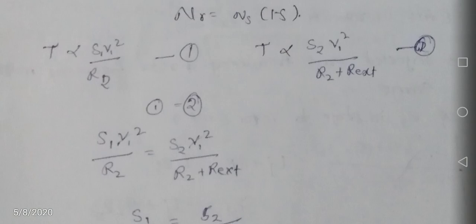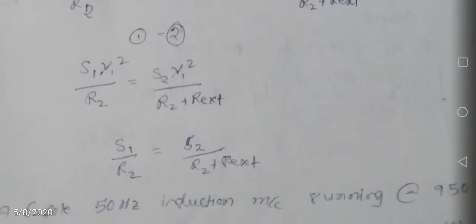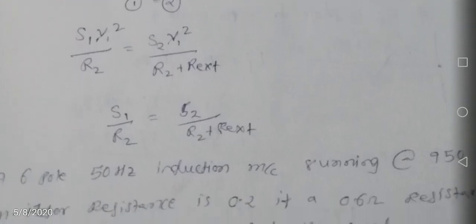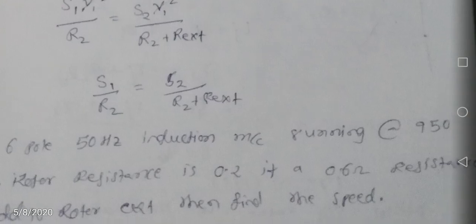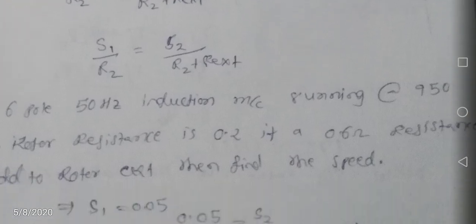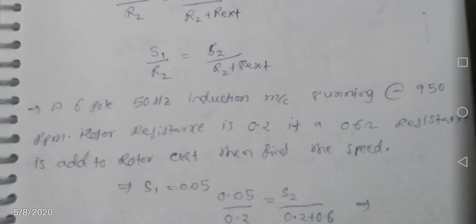So V1 square is cancelled. S1 by R2 equal to S2 by (R2 plus R external). Here S1 is the old slip and S2 is the new slip.